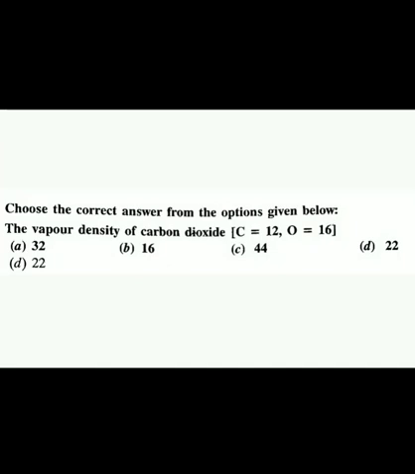So the total molecular weight is 12 plus 16 into 2, because CO2, that is 32. 32 plus 12 equals 44. According to the formula, vapor density is equal to molecular mass by 2. So 44 by 2 equals 22. So the answer is 22.